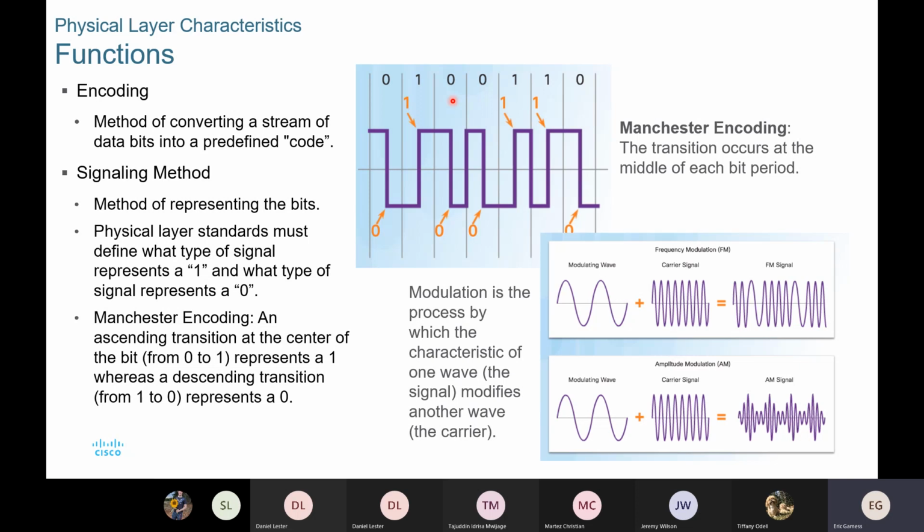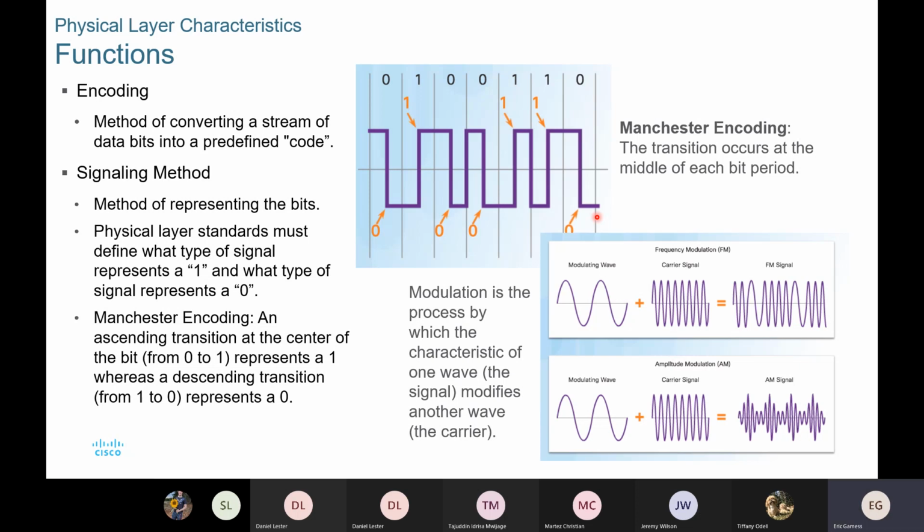Then we want to represent a 0, so in the middle of this bit we need a descending transition. Then again a 0, two 0s in a row, so in the middle of this bit we need a descending transition. Here we want to represent a 1, so we need an ascending transition. Here a 1, in the middle of the bit we need an ascending transition. Here a 0, in the middle of the bit we need a descending transition.